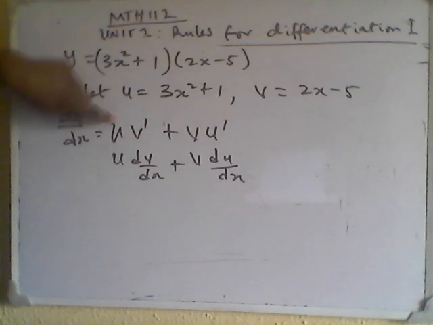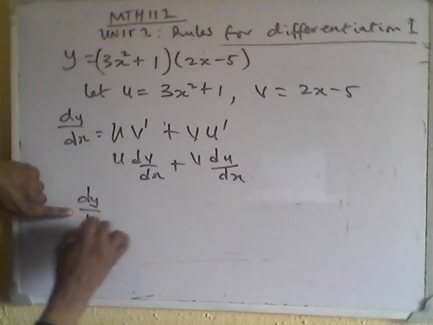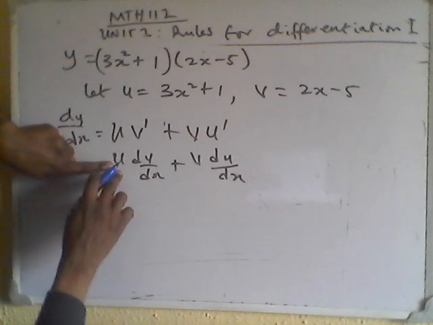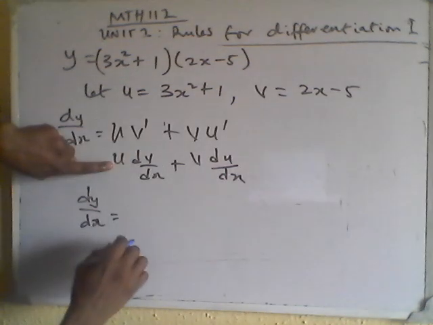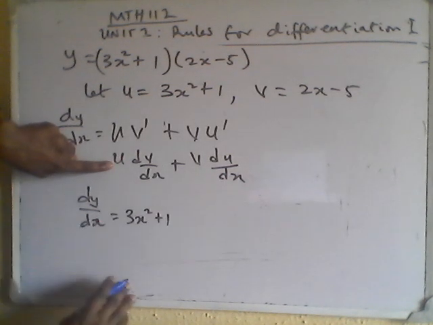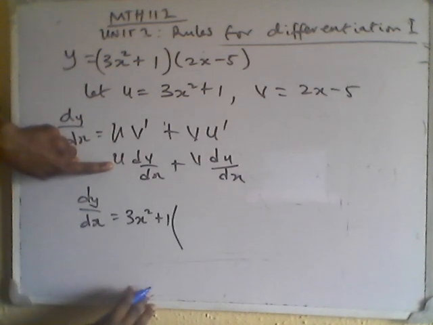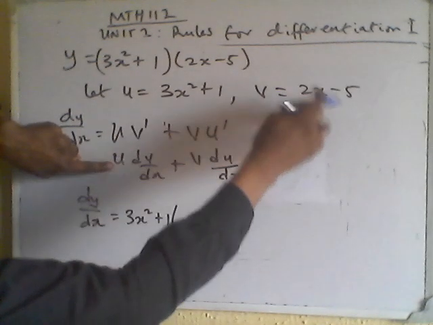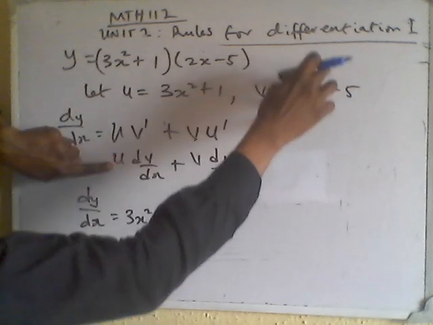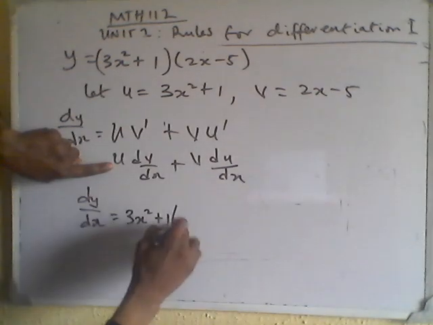If I follow my convention here, dy dx is equal to, u is standing alone, 3x squared plus 1 will stand alone, then times, I differentiate v. This one, differentiation, is just 2. Why? Because 5 is already 0, and x raised to the power 1 is x raised to the power 0 when you differentiate it. So this is just 2.